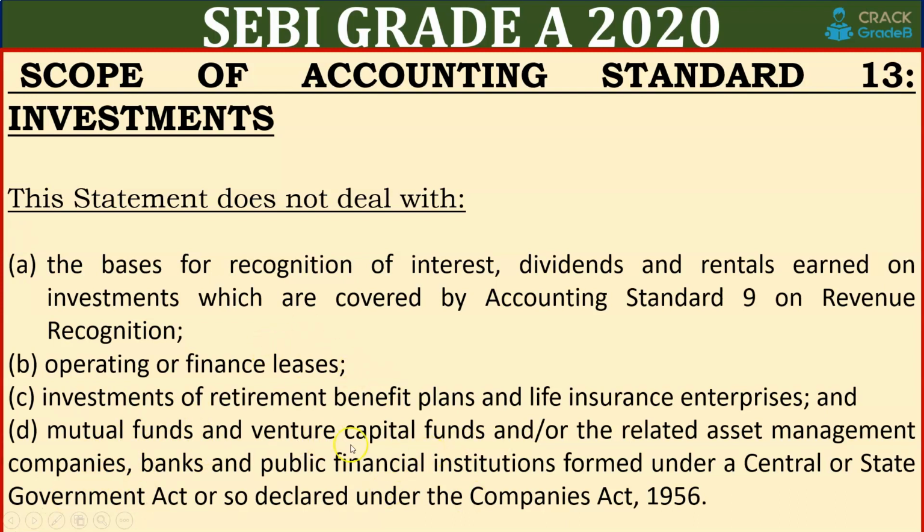The main business of mutual funds is to procure securities and buy and sell securities, that is shares and debentures. For normal people like us, who are not mutual funds, procuring shares and debentures would be called an investment. But for mutual funds and venture capital funds, it is their normal business activity.